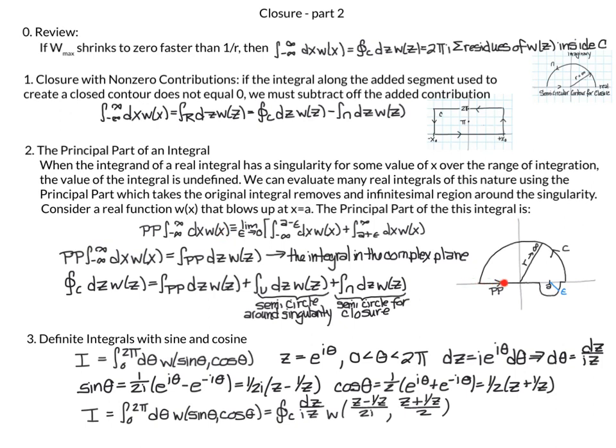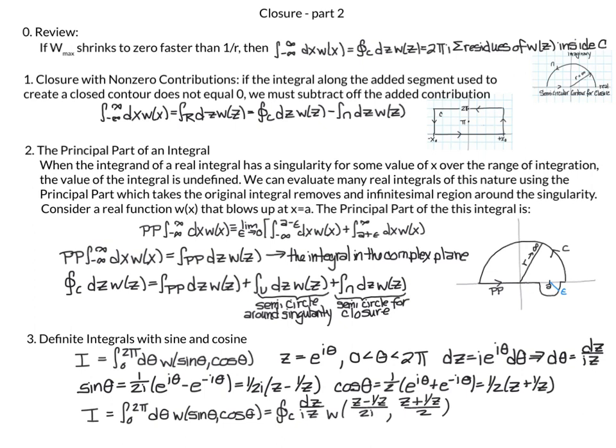Again, we're integrating along this real axis, except that we have the singularity A. The principal part of this integral is defined to be the limit as epsilon approaches 0, where epsilon is our little radius around A, of the integral from negative infinity to A minus epsilon of w(x), plus the integral from A plus epsilon to infinity of w(x).